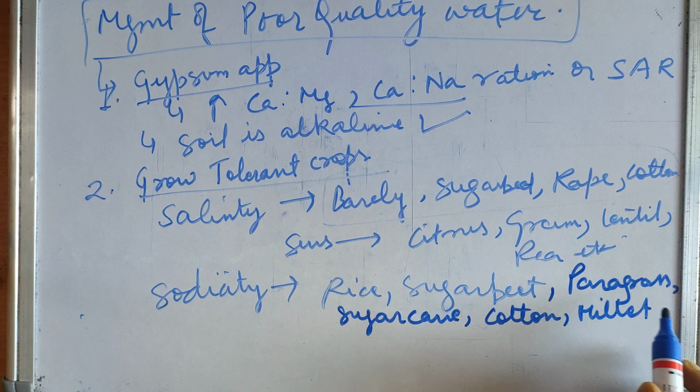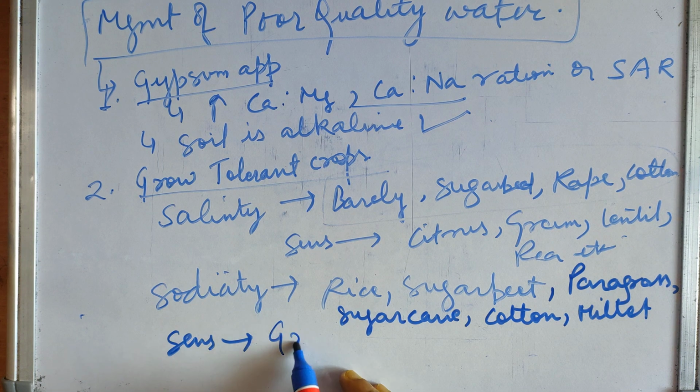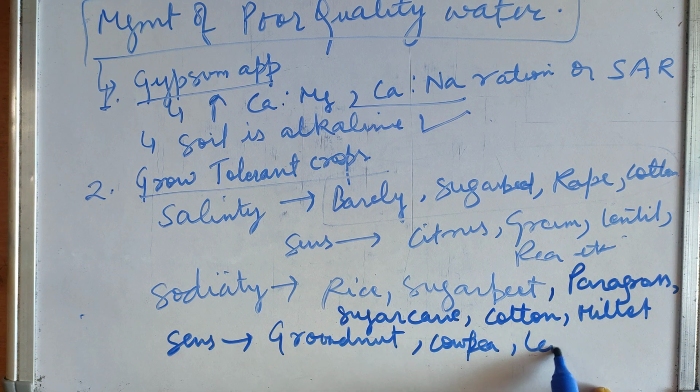These are sodicity tolerant crops. We need to avoid some sensitive crops, which for sodicity are groundnut, cowpea, lentil. We need to avoid these crops.